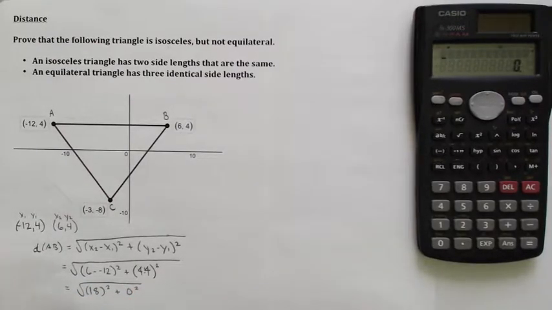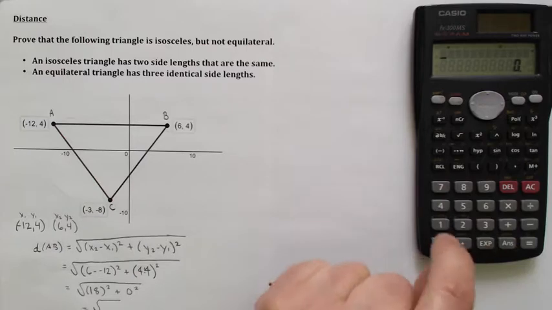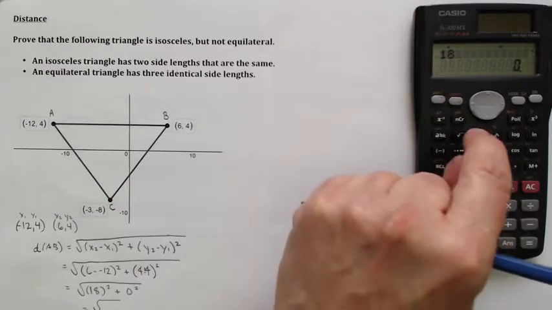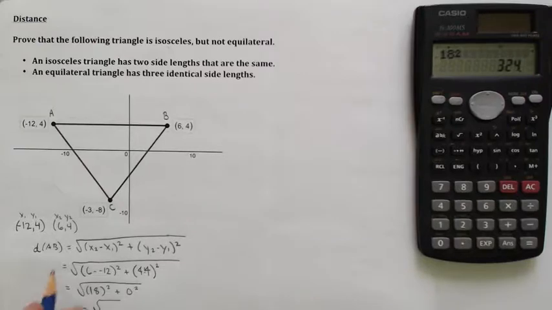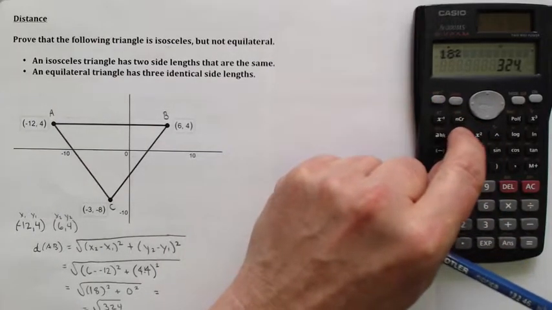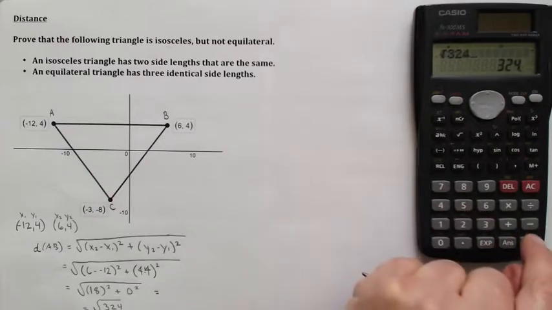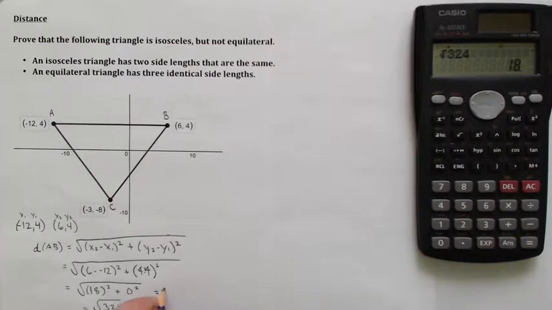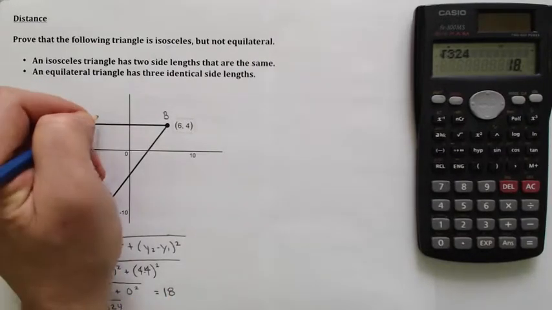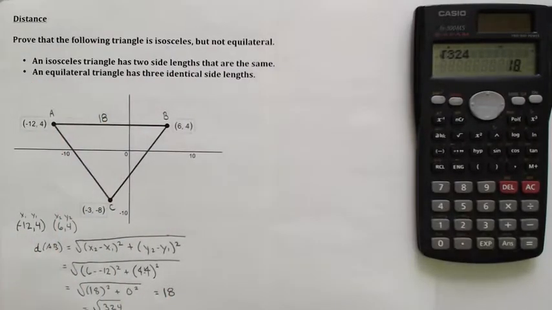Now 0 squared is 0, so at the end of the day, we're going to take the square root of 18 squared. Now, I don't know if you realize this or not, but we're going to take the 18 and square it, and that's going to equal 324. And then we're going to add it to 0, which remains 324. And then the last step is to take that square root, and that's going to come to 18 again. So that is 18, the length of segment AB.